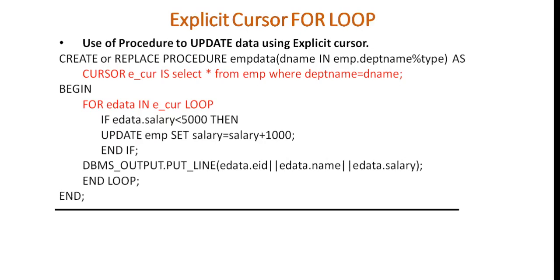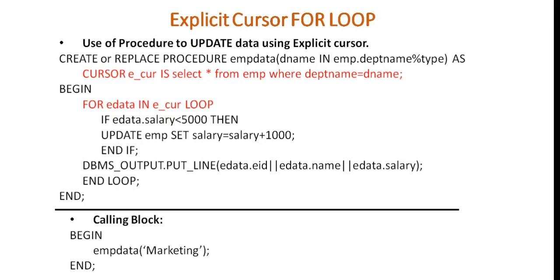Then the dbms output line statement is here, which is used to display data: edata.employee id, edata.name, and edata.salary. We are displaying only these three attributes. Then end of for loop, then the cursor is closed, and then end of the block. So this is a simple program to update data by using explicit cursor.